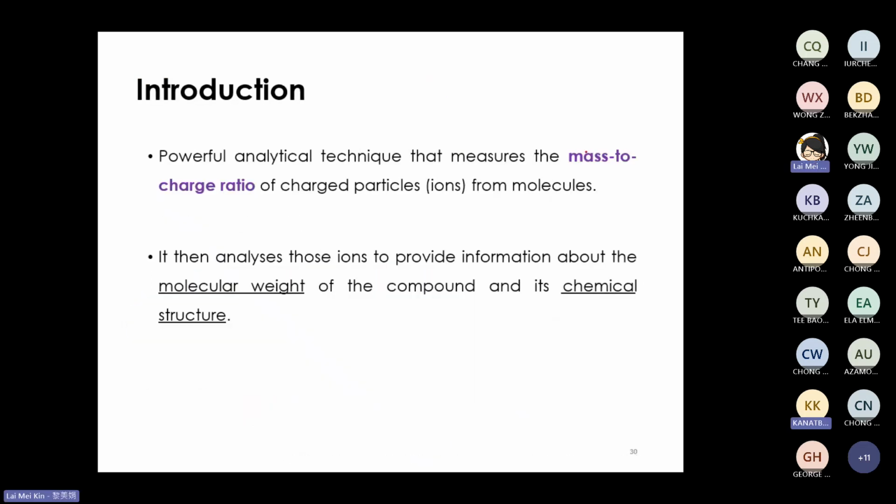This machine will utilize the mass to charge ratio. May I know mathematically how do you write this? What is ratio? In comparison. Mass to charge ratio means the ratio of mass to the charge.